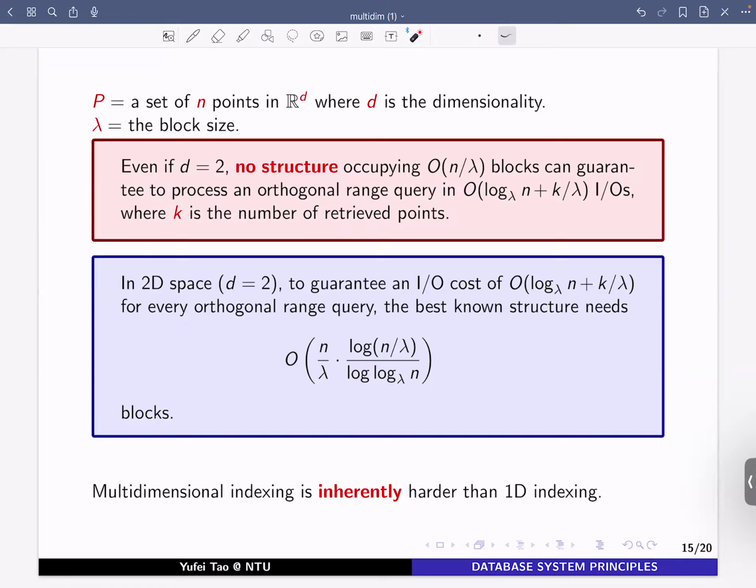So currently, human beings are able to do the following. If you want to guarantee the same excellent query cost as the B tree can do in one-dimensional space, then the space cannot be linear. So this is the linear number of blocks, right? The linear space. So how much space will be needed? So you see, this is the linear term, and there is a multiplicative factor there.